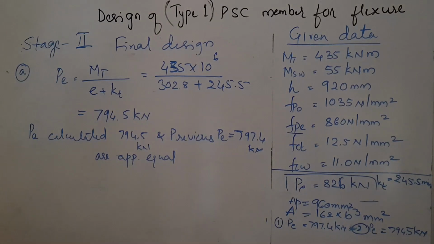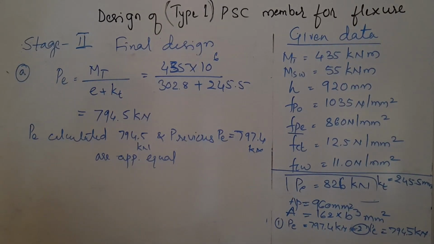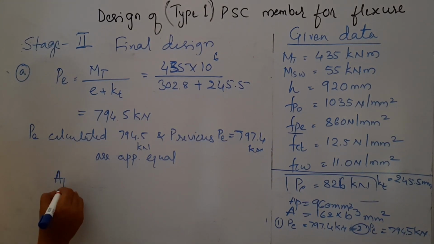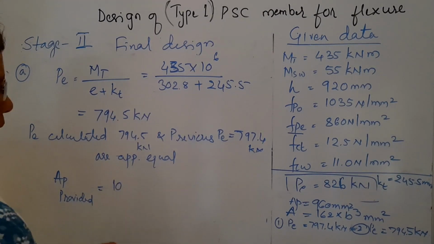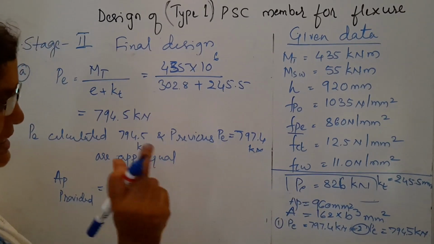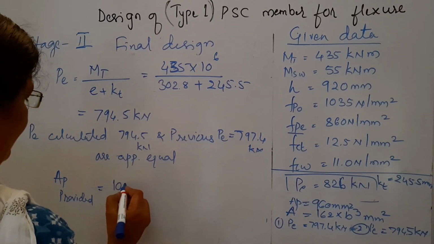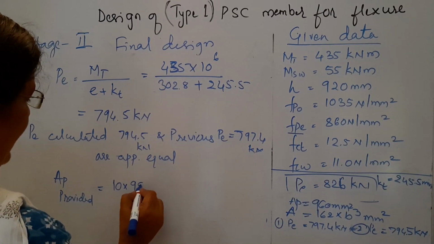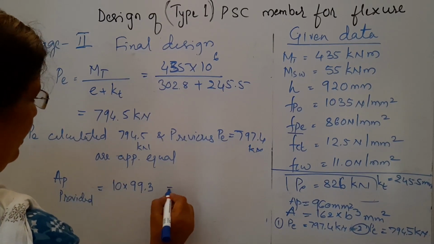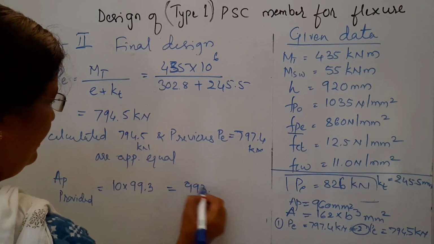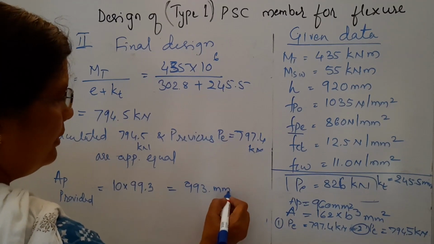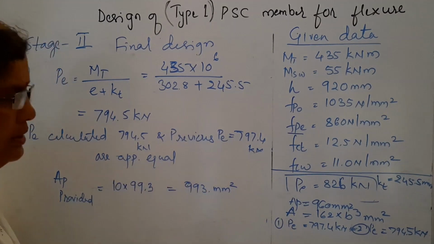The tendons are already given, or otherwise you can select yours. Here it is given. Therefore, whatever the total area required, you can provide AP as per the given data: 10 numbers, that is of one strand. They have given that 7 strands are there in one cable, and the nominal area is given in the previous, so 10 numbers gives 993 millimeter square into 2 ducts.